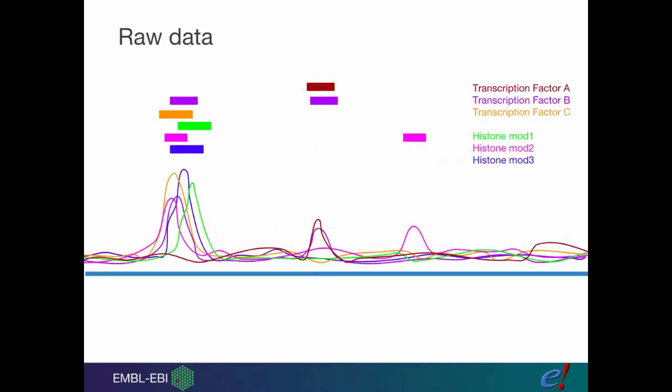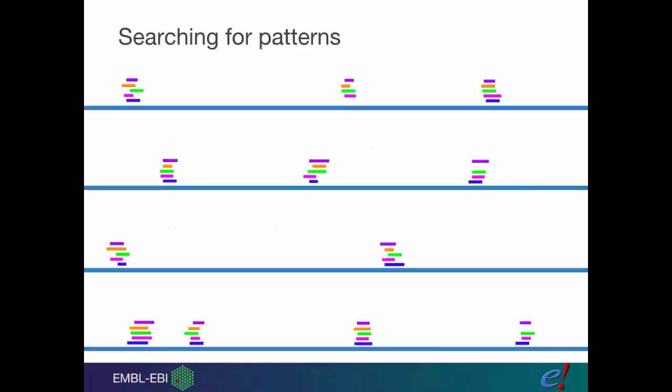And we find that these tend to come in clusters. We will find regions where we get a number of different transcription factors, different histone modifications occurring together. And where we get these clusters, we look across the genome to see if we can find other clusters. And it turns out that there will be similar clusters, not always identical, but similar clusters of the same sets of transcription factors and histone modifications across the whole genome.